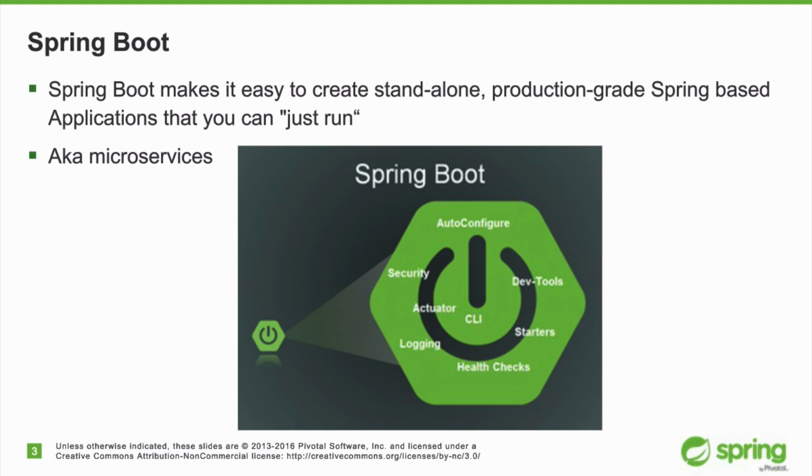Another aspect of Spring Boot is the auto configuration. From the implementation perspective, this involves a spring.factories file on the class path that simply points to a fully qualified class that contains Java-based configuration. And anytime you have these Spring Boot starters on your class path, then whatever auto configuration those starters bring in will be added to your application context.